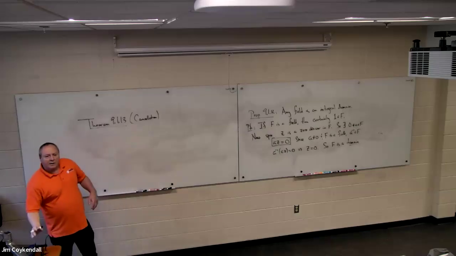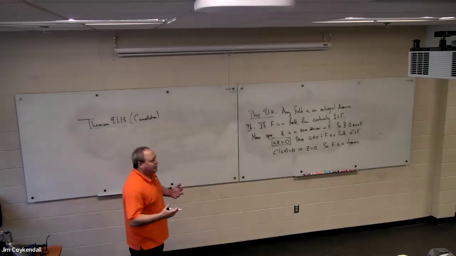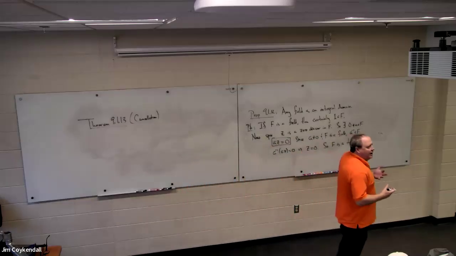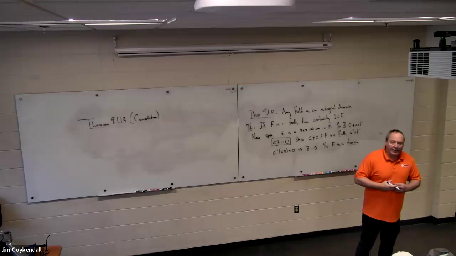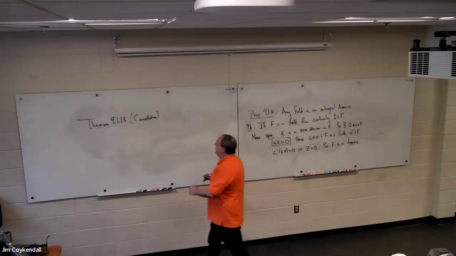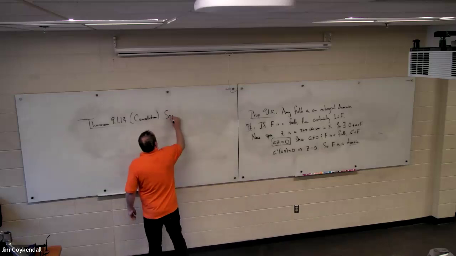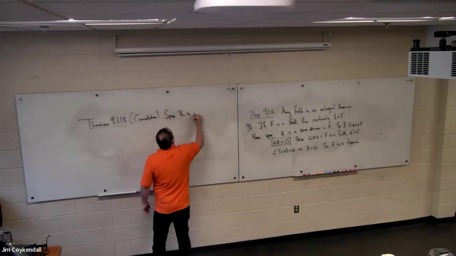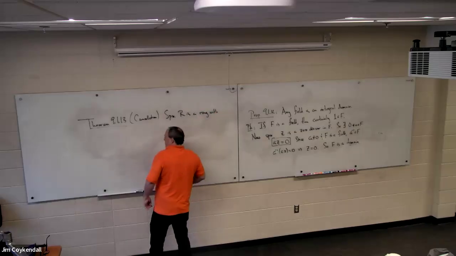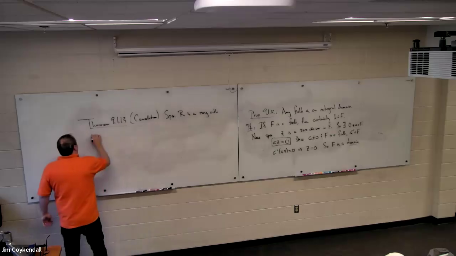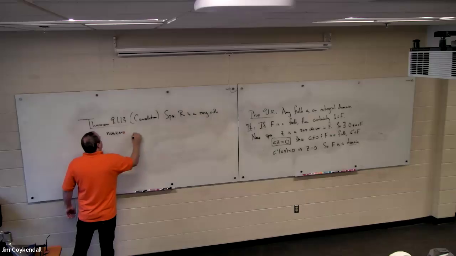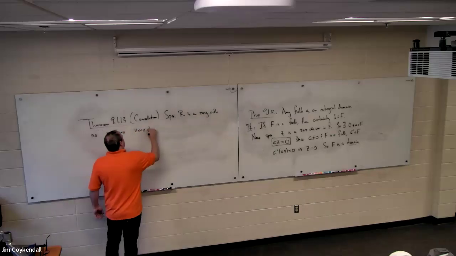This is kind of another observation about how rings that have no non-zero zero divisors are sexy, because we can do cool things here. Suppose R is a ring with no non-zero zero divisors.